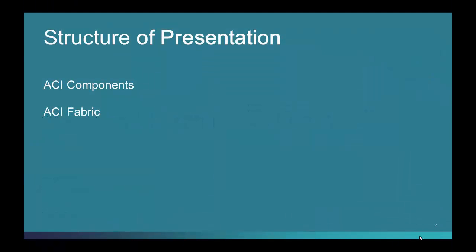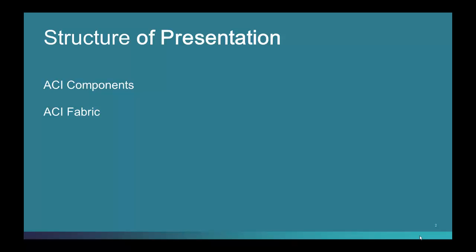So the structure of this presentation: in Part 1, I'm going to talk about the ACI components. These are the new names, terminologies and attributes, what they are, what their purpose is, how they relate to one another, and how they work in the overall ACI fabric solution.